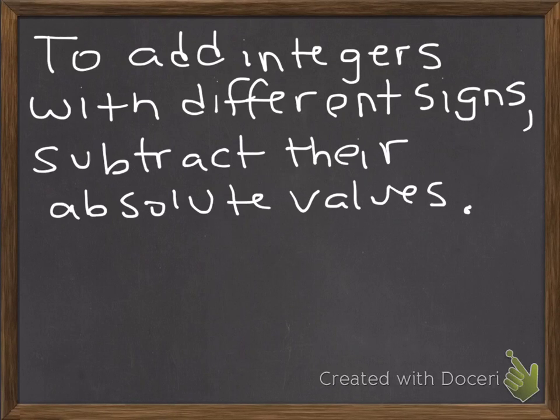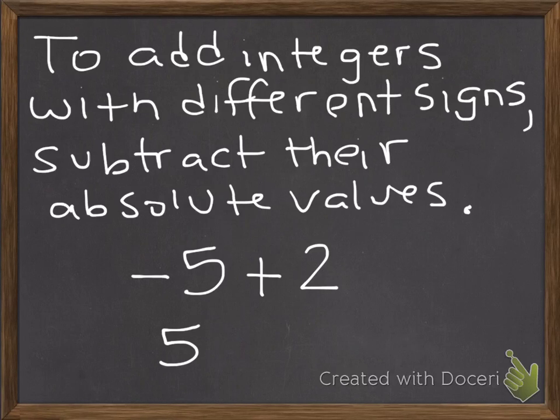If you have different signs with your integers, you subtract their absolute values. So if I have negative 5 plus 2, I take the absolute value of negative 5, which is 5, and the absolute value of 2, which is 2, and I subtract to get 3.